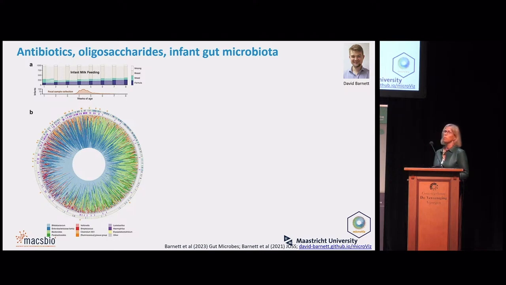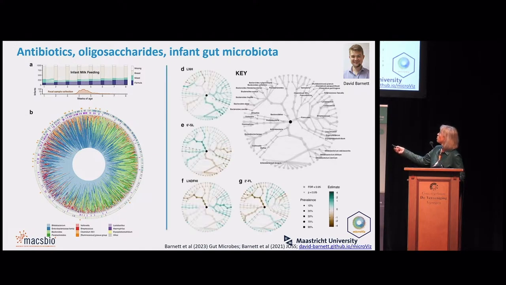This is one of them, where we studied the infant gut microbiota. Here you see an iris plot of 1,000 one-month-old infants and their gut microbiota composition related to antibiotic use, indicated by the very small orange dots at the left. So you clearly see there are associations between the microbiome composition and antibiotic use.